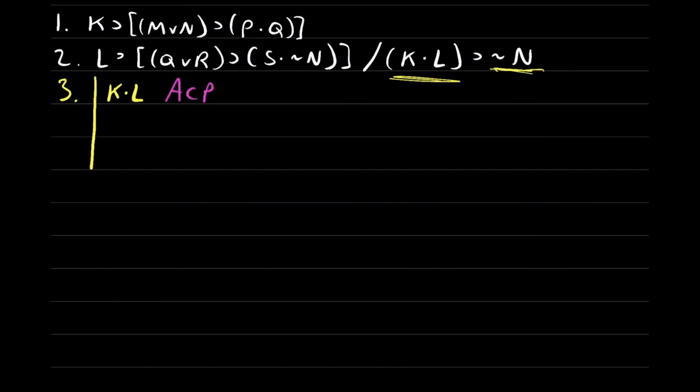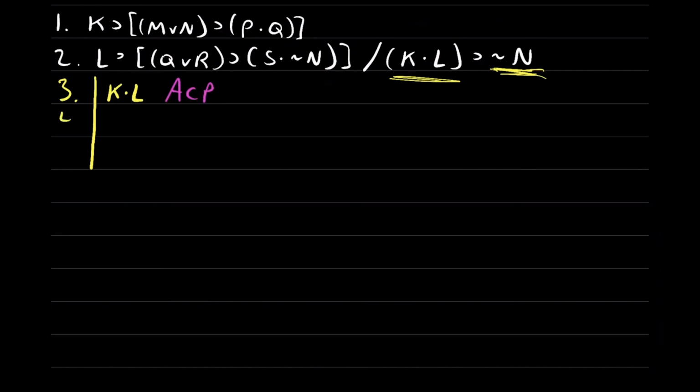so we can get not N. Now I do see a couple of obvious starting points here. I see that I can do modus ponens steps with lines 1 and 2 once I simplify K and L out. But in order to speed this proof along, I'm going to try to prove the consequent of that conditional, not N, by an indirect proof sequence inside this conditional proof sequence.